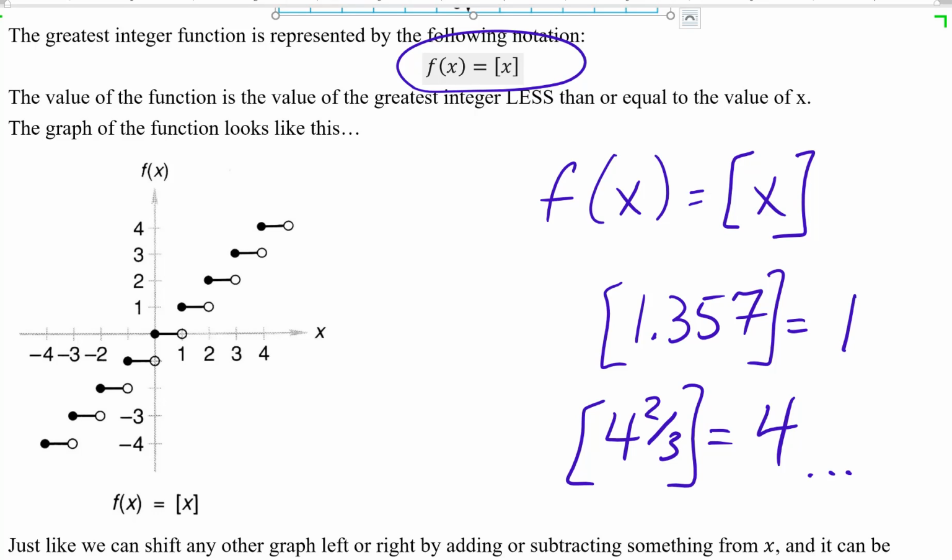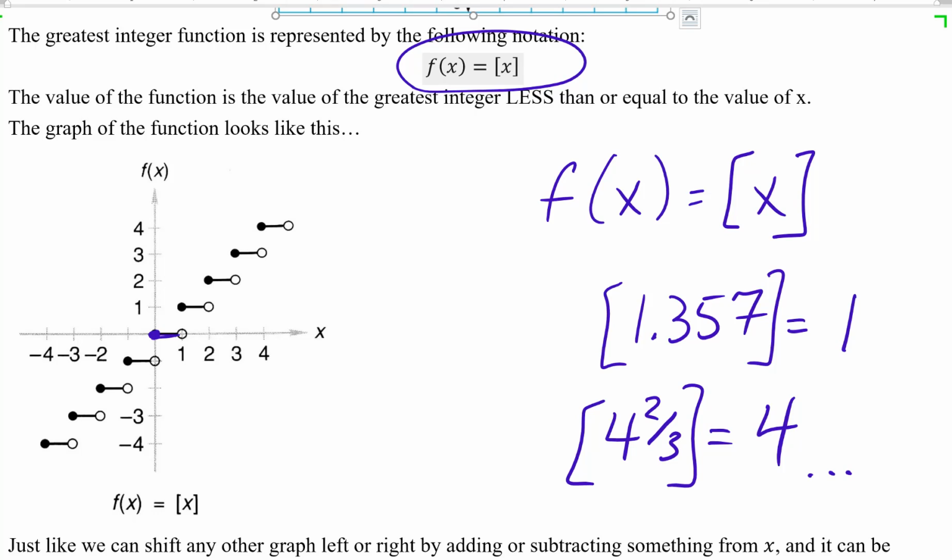All right, so you can see on the graph here what's happening. If you look at, say, what's happening as you go on the x-axis from 0 to 1. No matter where you are on that little line right there, y is always 0, because 1/2, the closest integer that is less than or equal to 1/2, is 0.